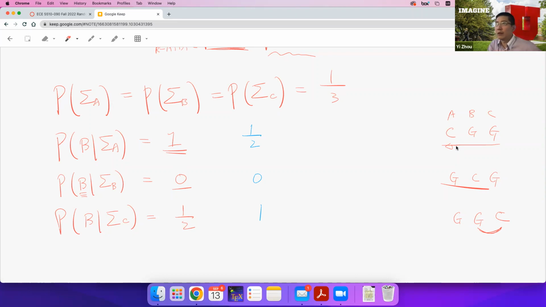The host can choose either to reveal position B or position C. Right, but I think there's a mistake there, because in this case, B and C, both of them are goats. So no matter which one the host chooses to reveal, this should be 1, right? But this one is 1/2 because now you pick A, the other two have a goat and a car, and the host will choose one to reveal.